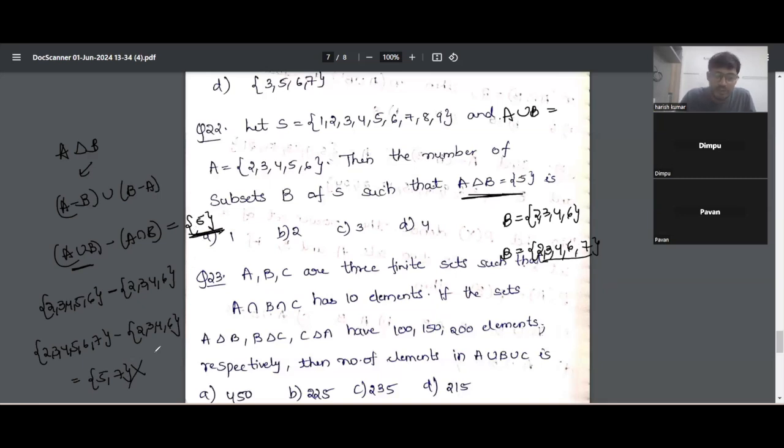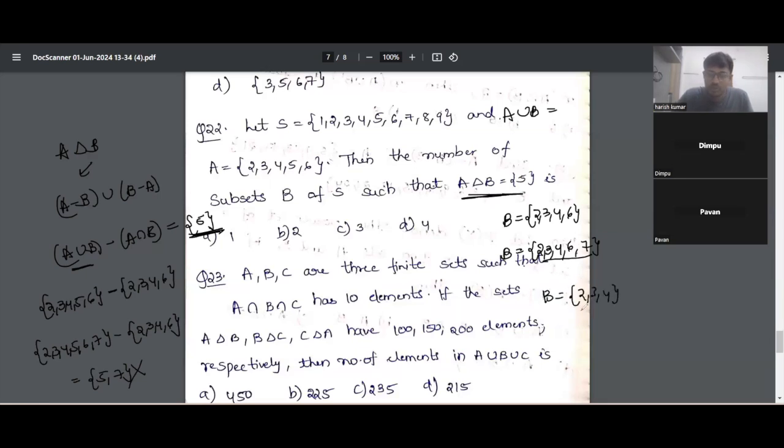So we cannot take any number other than 2, 3, 4, 6, because if I take any other number, in the union that number will come, but in the intersection it will not. And when I subtract A intersection B from A union B, that extra number will also come along with 5. Understood?